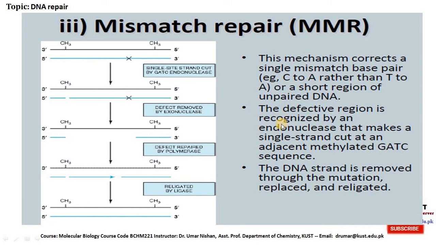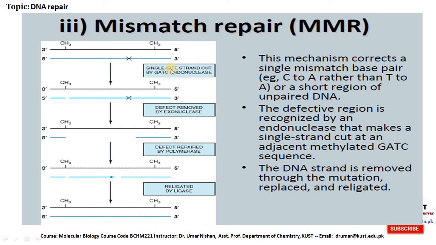The defective region is recognized by an endonuclease that makes a single strand cut at an adjacent methylated GATC sequence. The DNA strand is removed through the mutation, replaced and religated.